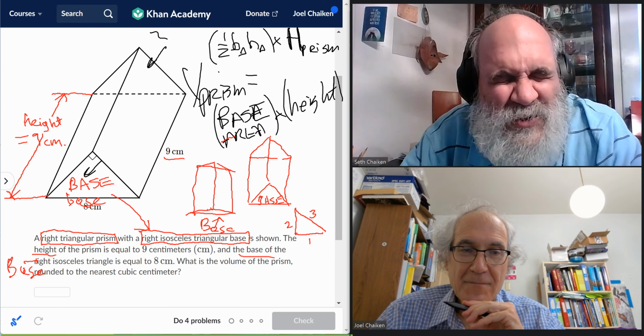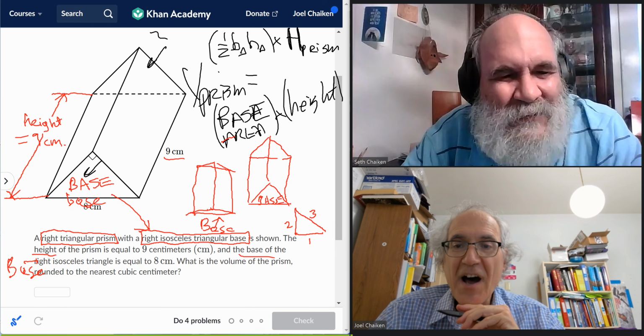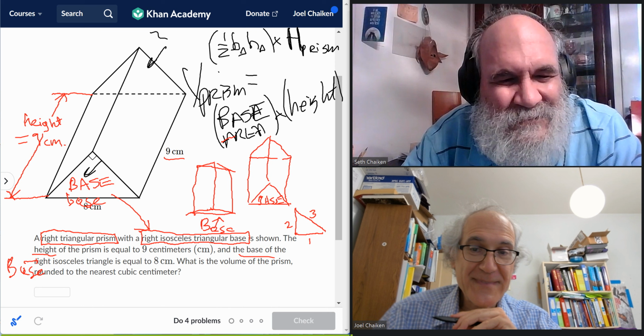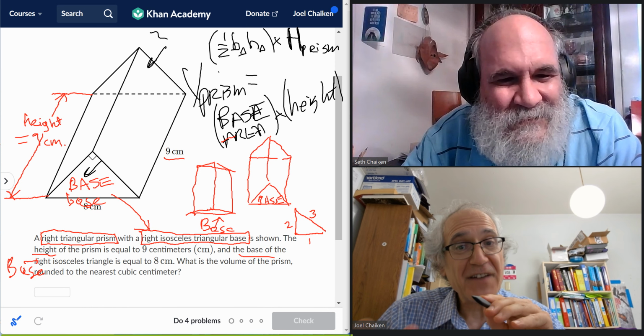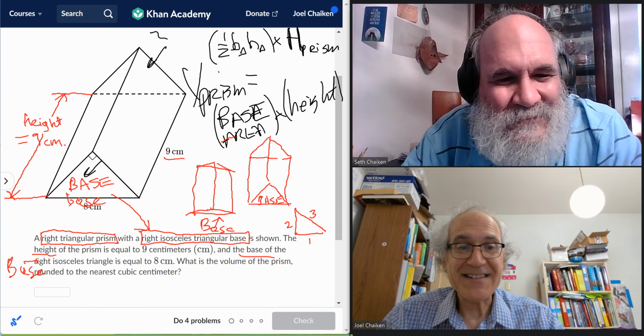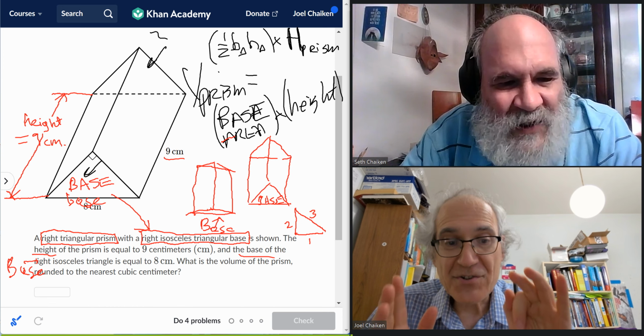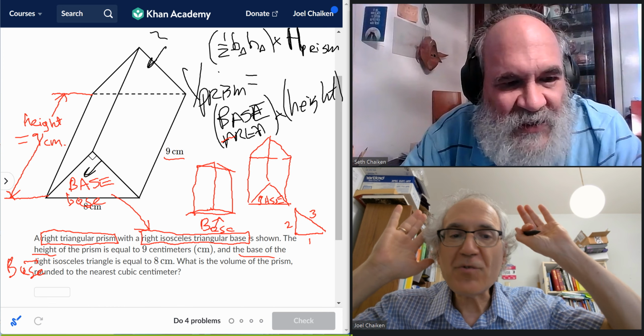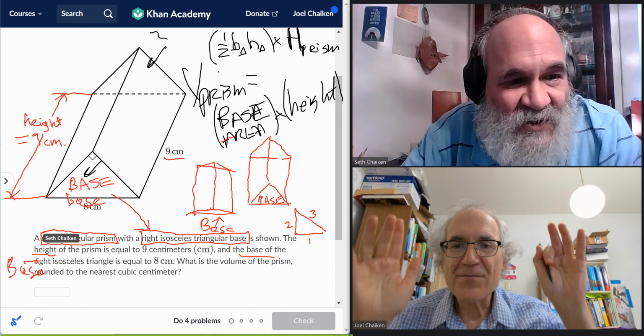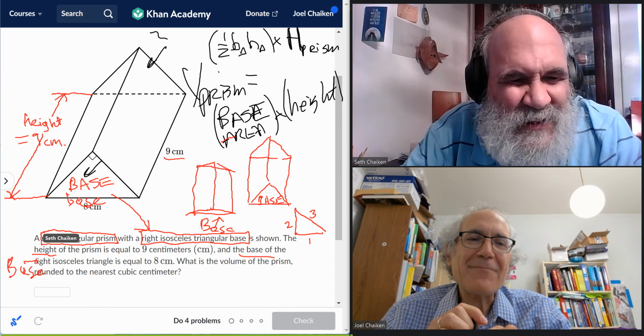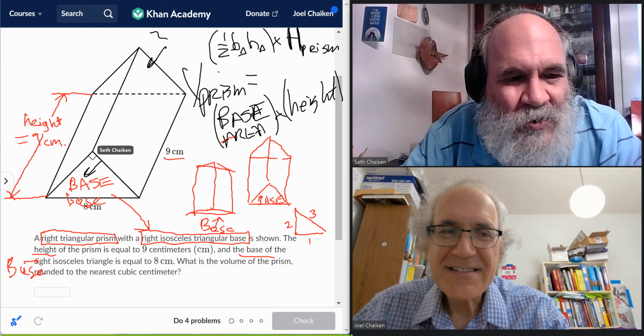So what are you going to use for the base? I've made enough mistakes in my life, and I've seen enough tests to know that this is a right triangle.